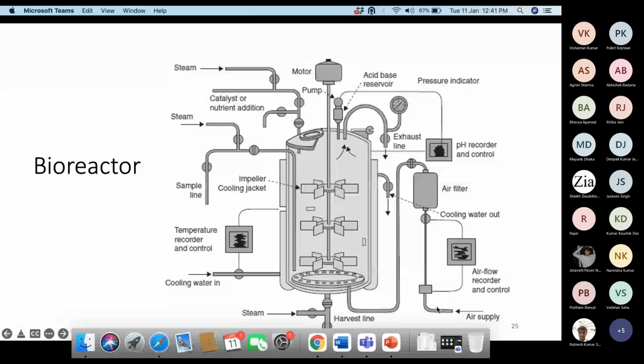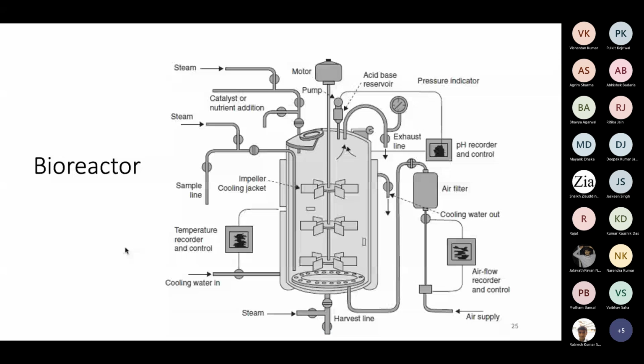This vessel could be of glass, stainless steel, or sometimes we actually use wood, some specialized wood material. Especially in the brewery industry, when we try to produce alcohol, there we use different kinds of woods which impart certain fragrance or taste to the liquid.